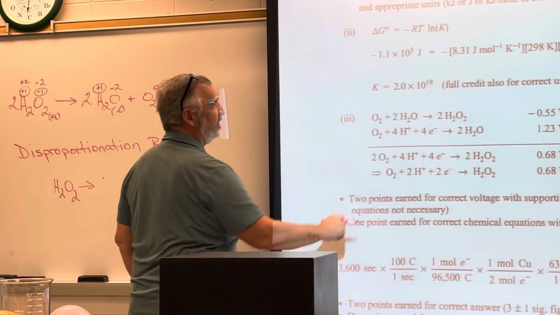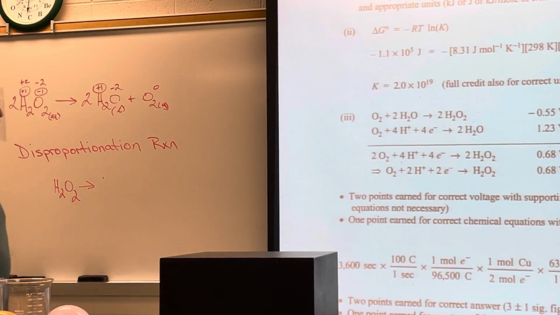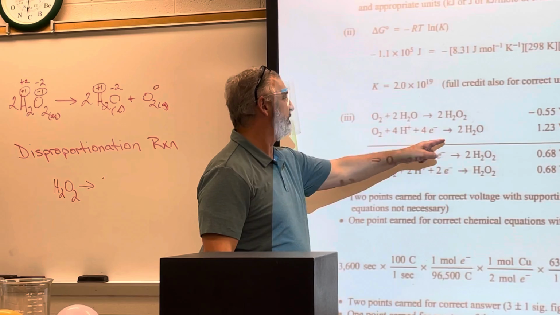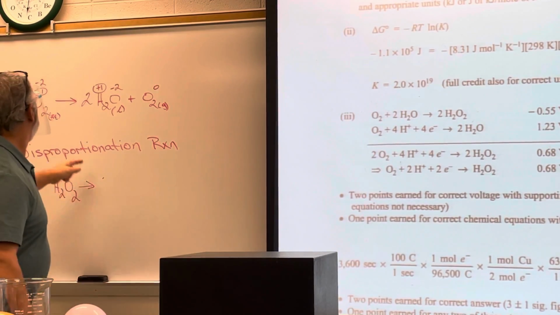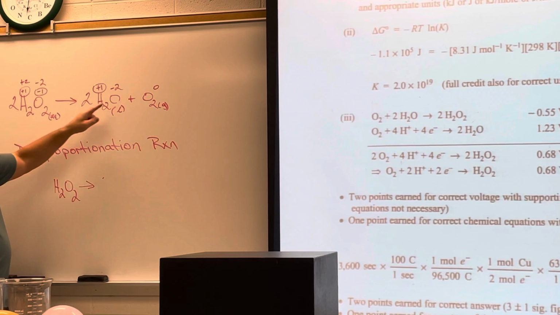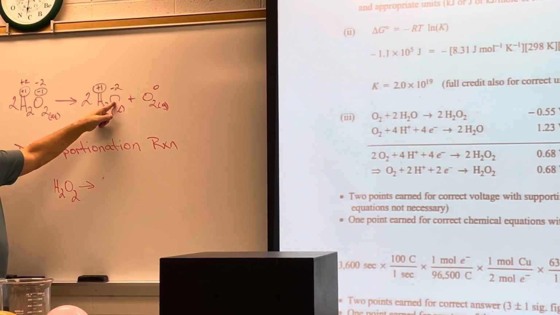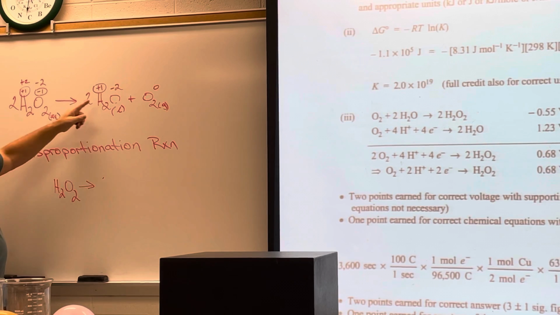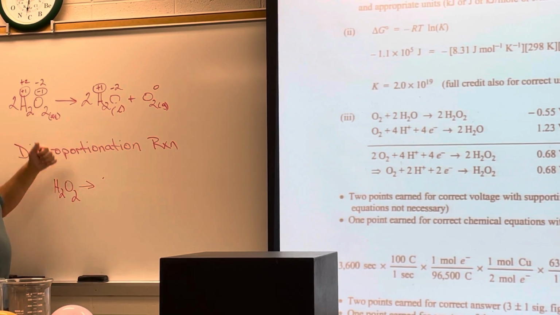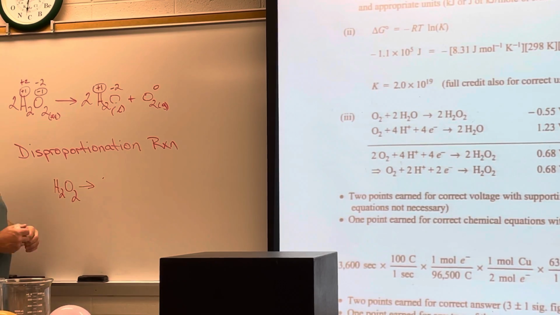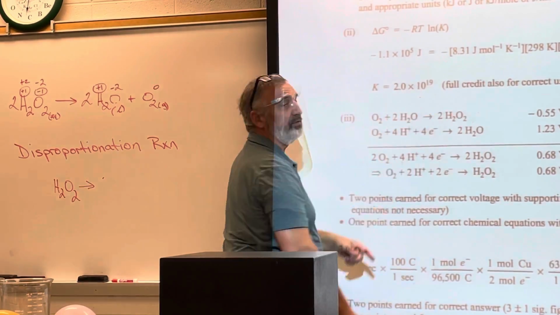And then the half reaction where we're making the water is this one. This one is being oxidized. This one going to here is being reduced. So forming the water is going to be on the right-hand side, and forming the oxygen is going to be on the left-hand side. It's going to go in the reverse direction, I should say. This one's going to reverse and go that way.